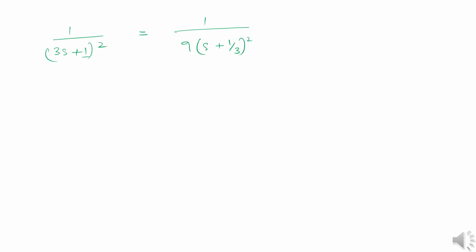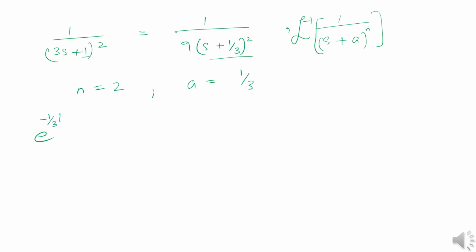When 3 comes out of the bracket, it is 3 squared, 9, and (s plus 1/3) squared. Now I will compare this (s plus 1/3) with 1 over (s plus a) to the power n for the Laplace inverse, and we can see that n is equal to 2 and a is equal to 1/3. So I can shift it as e to the power negative t/3 times the Laplace inverse of s squared, since when I remove this 1/3 I am left with s.